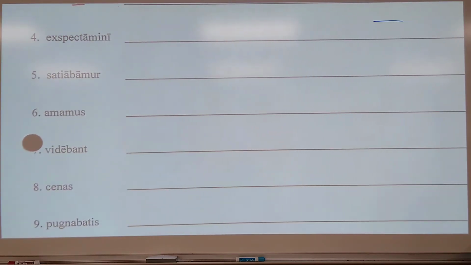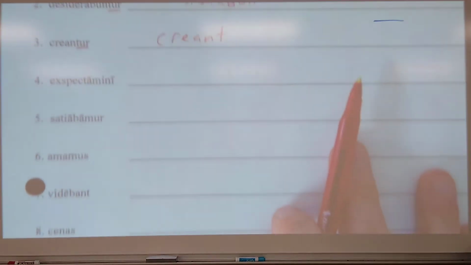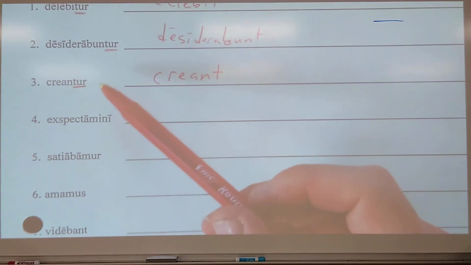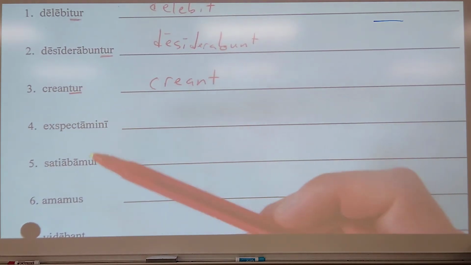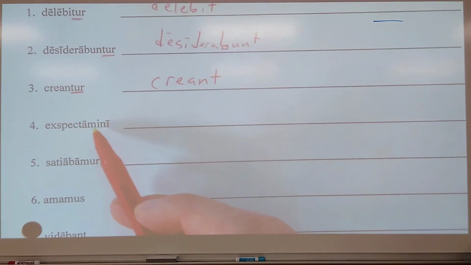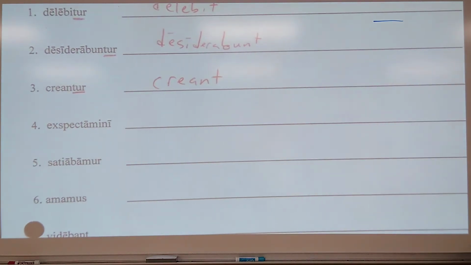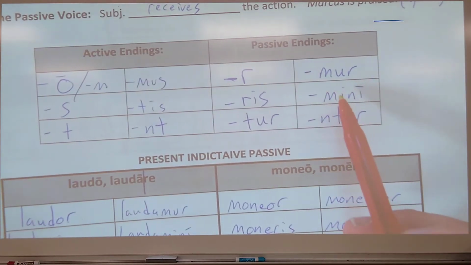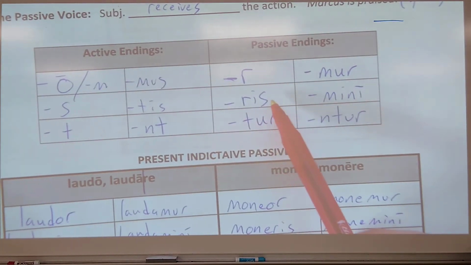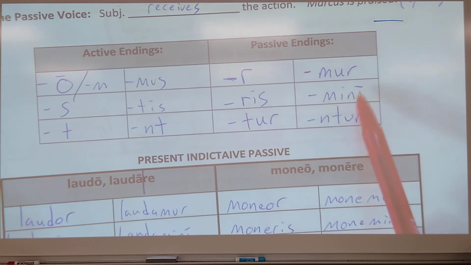Number 4. This is probably the weirdest of the new endings: or, aris, tur, mur, mini, ntur. Because you notice when you have third person singular or plural, you just have that weird sound you've got to get rid of to go from passive to active. But mini doesn't really look anything like its active form. So we're right here, mini. So this is second person plural.